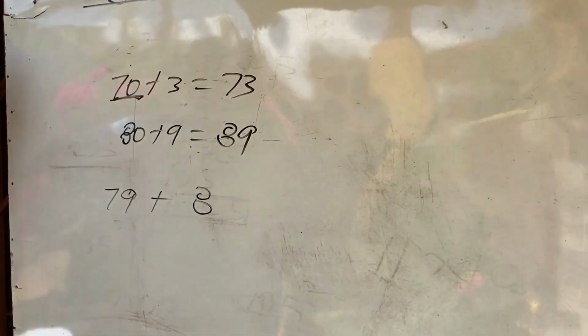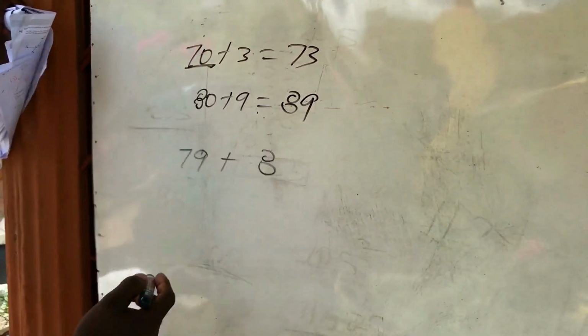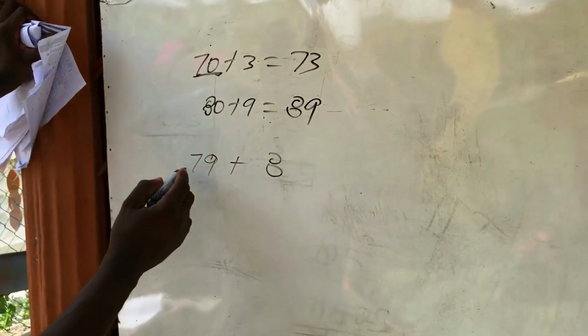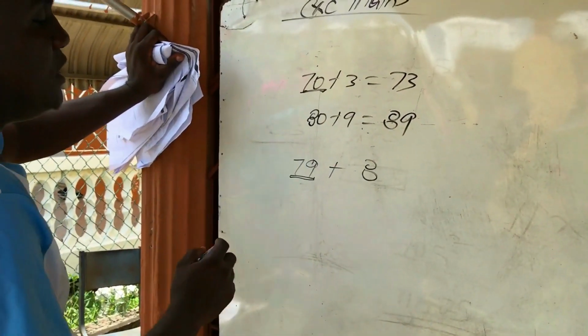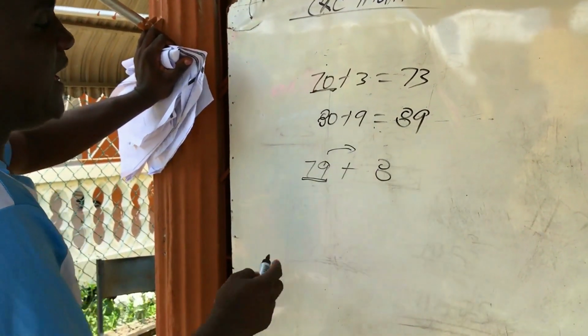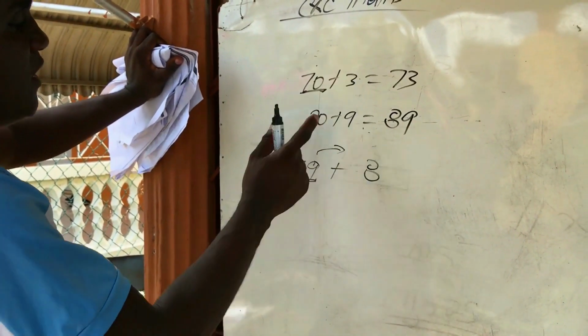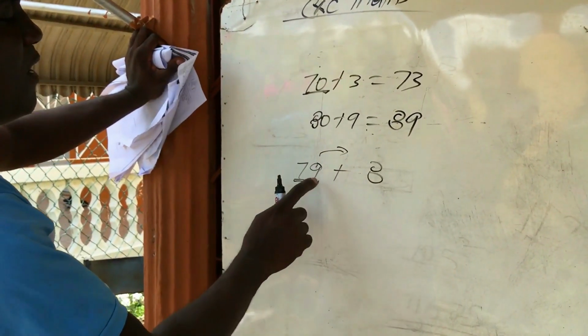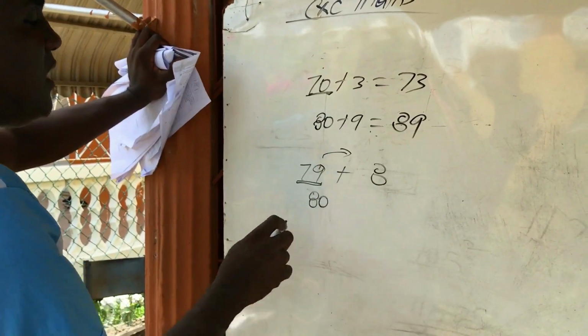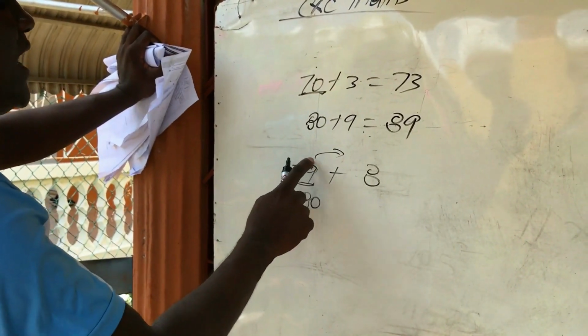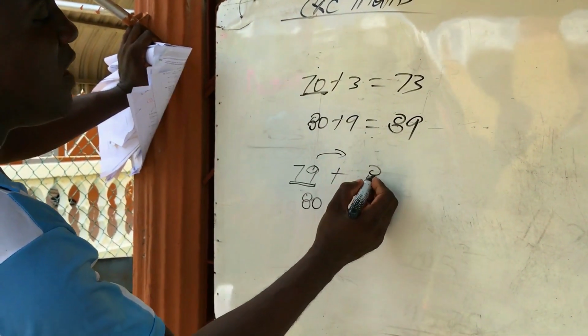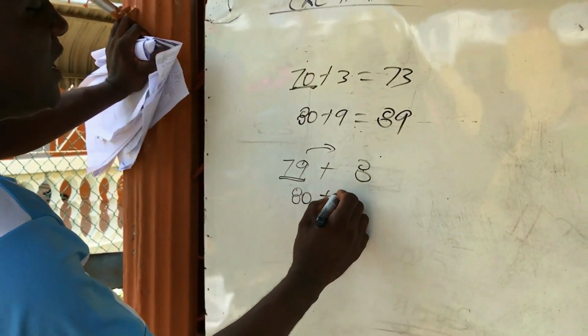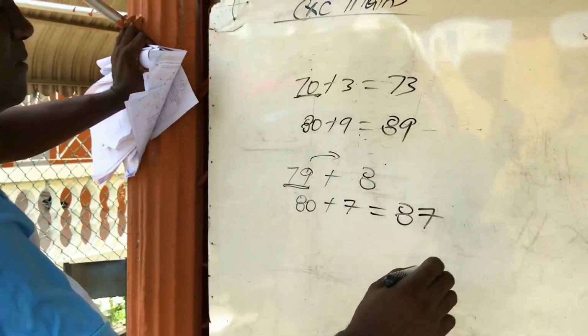Some of you guys beat your chest and count your fingers, but all you simply need to do is to allow 79 to become a multiple of 10. So you round it up to the nearest multiple of 10, which gives us 80. And we want 1 on the 79 to give us 80. We'll have taken 1 from the 8, leaving 7.